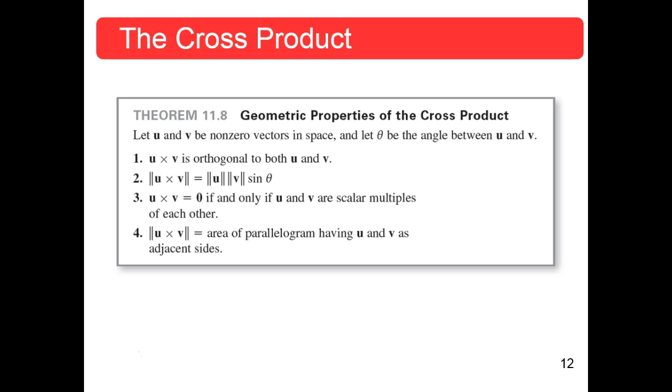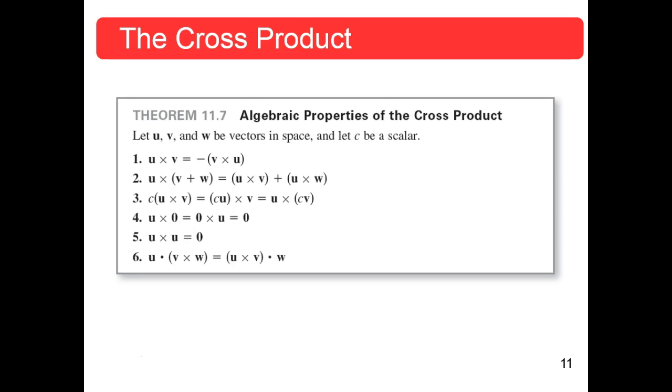Now you have a little proof there, and I'll let you look at the proof. I don't think they prove all the pieces, just one piece. I'm sorry, I flipped the page too soon. This one was at the bottom of page 780.